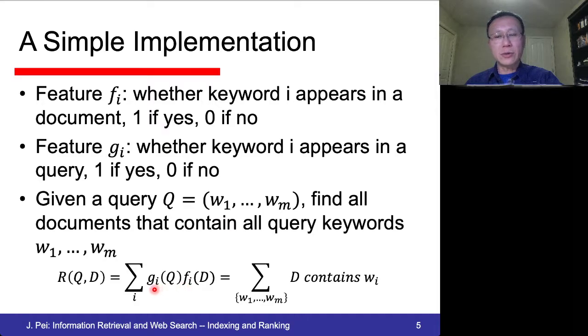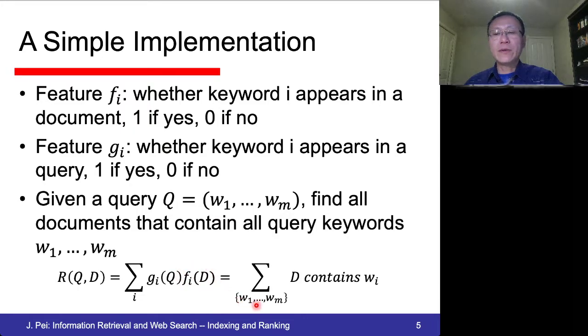We only need to worry about those words i such that giq is 1, meaning the word appears in the query. In such a case, we just need to sum up those fid, meaning whether the word i appears in document d.